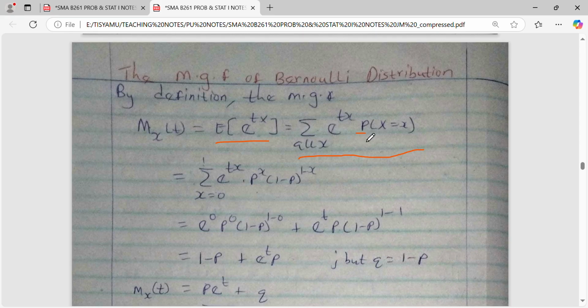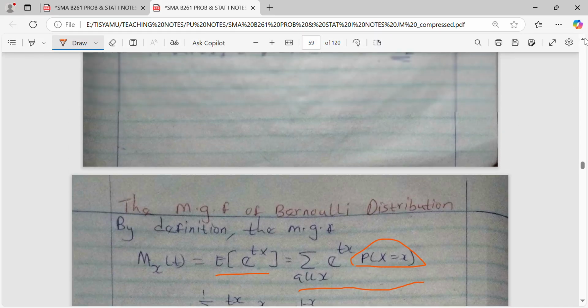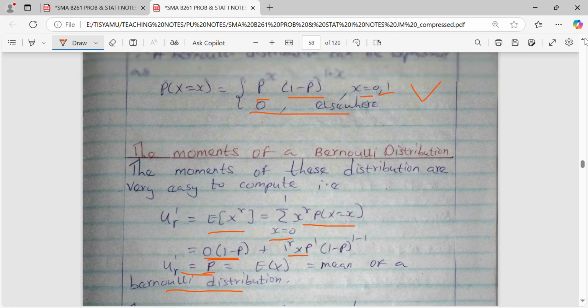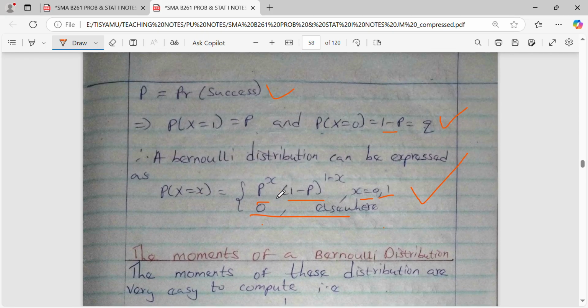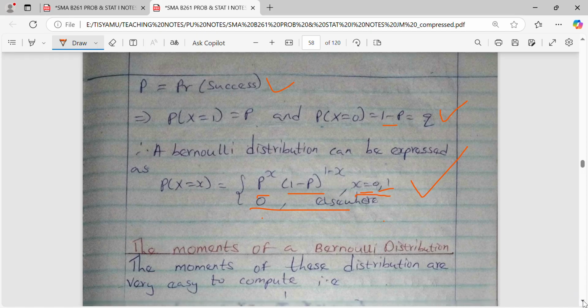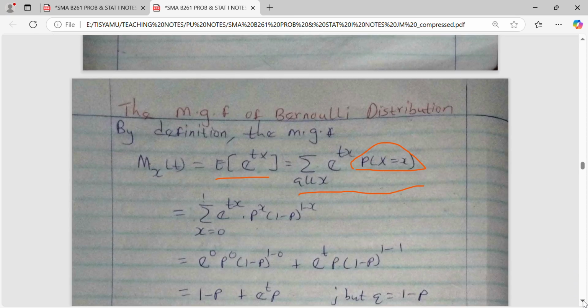So we substitute p of x with our PMF, and our PMF, as you can see here, is same as p raised to x times (1 minus p) raised to 1 minus x, where x is from 0 to 1. So we are going to substitute accordingly, and we are going to have the sum from x equals 0 to 1 of exponential of tx times p raised to x times (1 minus p) raised to 1 minus x.